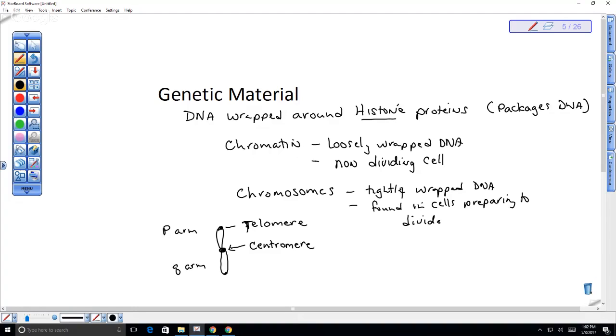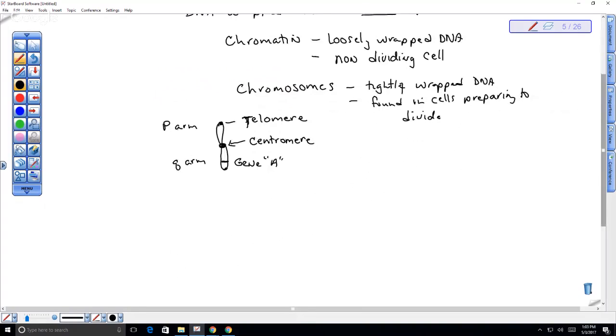Now, this is a chromosome that has only one copy of each set of instructions, or genes. I'm going to draw here, right here, the gene A. A gene is a piece of DNA that codes for a protein.